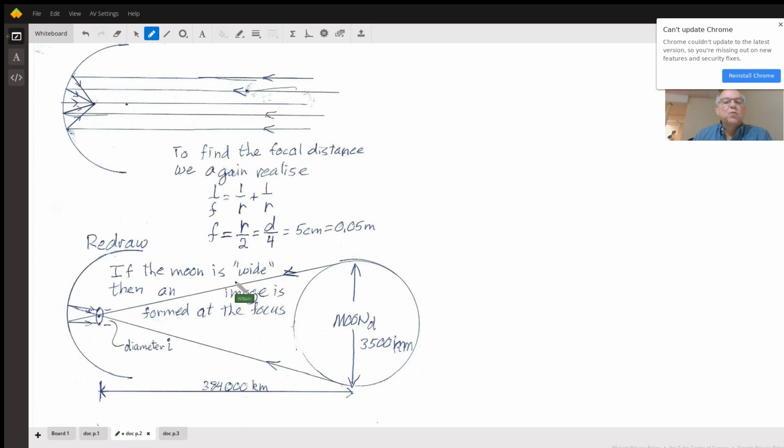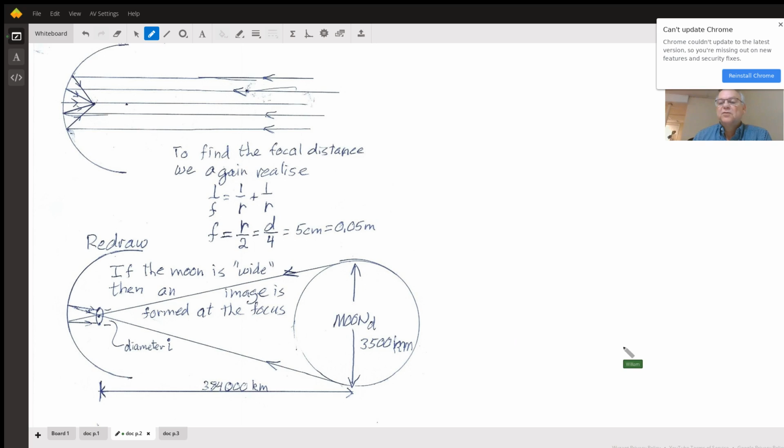So if the moon is wide and we need to have an image formed at the focus, we can redraw this so that we end up being able to look at something that looks like the image in setting up the problem.